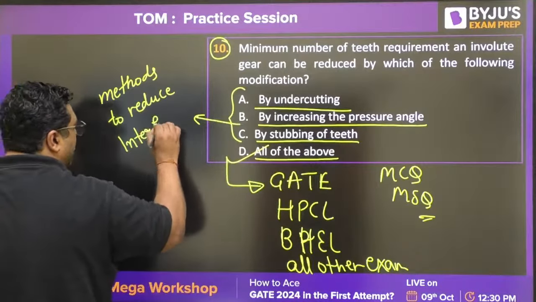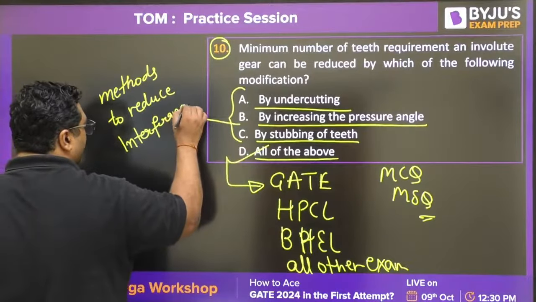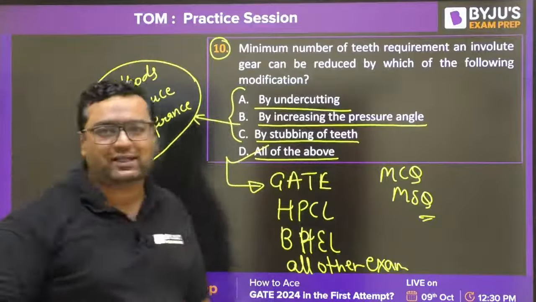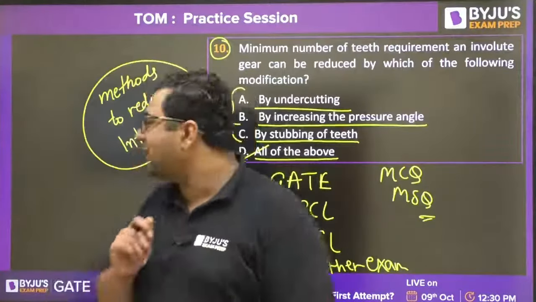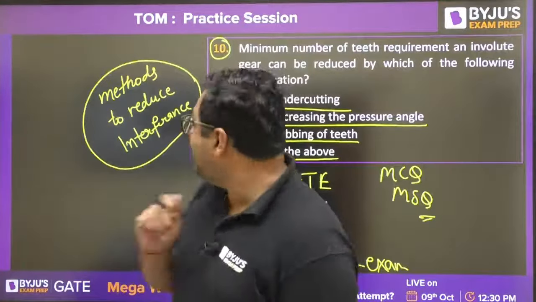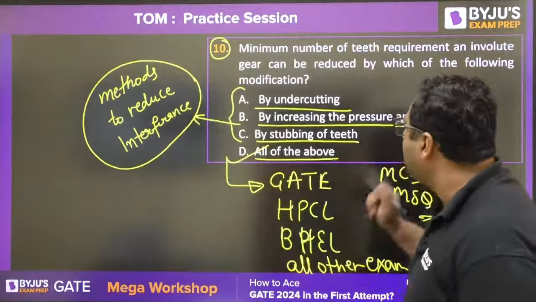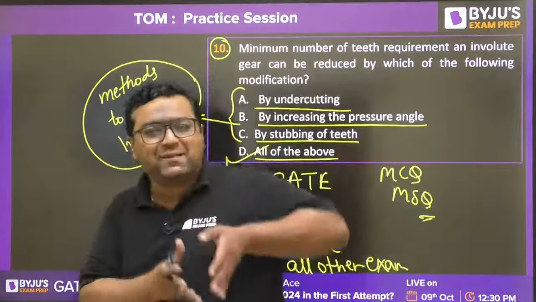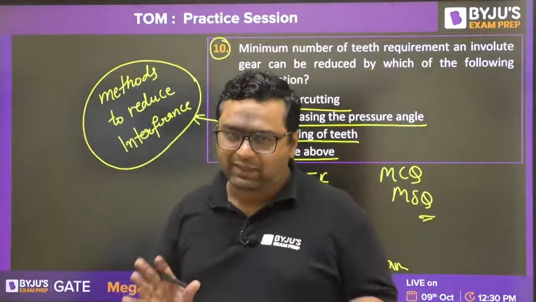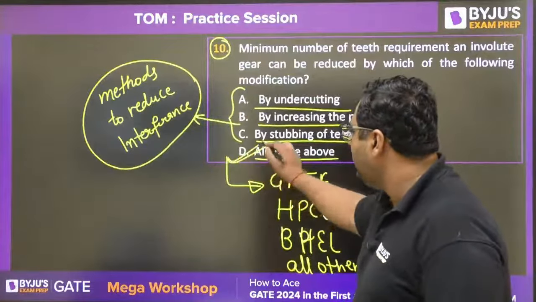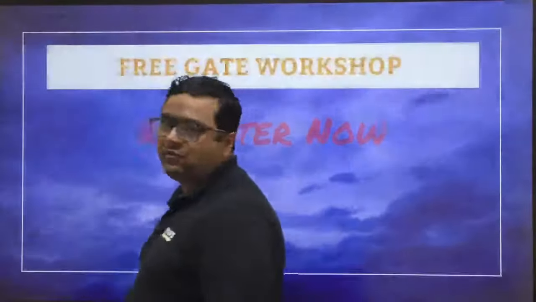If these are methods to reduce interference, then when the interference gets reduced, we will require fewer teeth to eliminate it permanently. That is why all 3 will help us. So the answer will be D. If it is an MSQ, the answer will be all.